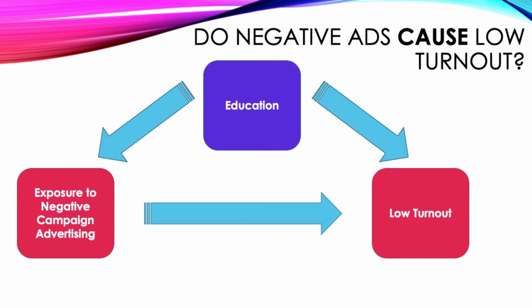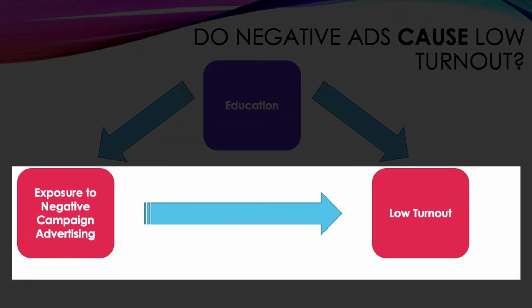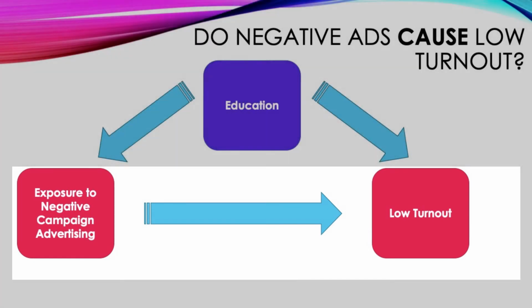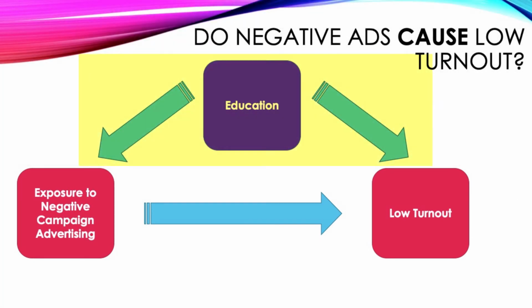And those are what we refer to as spurious relationships. So we might think that our key independent variable of interest is causing the dependent variable, but we also have to think about these spurious variables that might intervene, and they might actually cause the variation on both the independent and dependent variable.